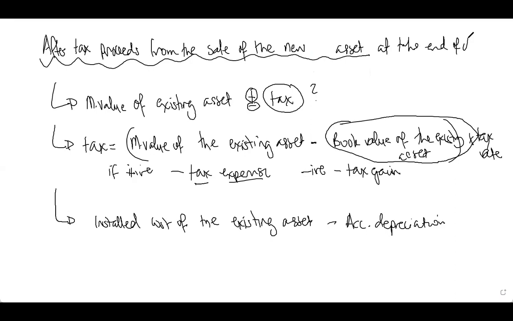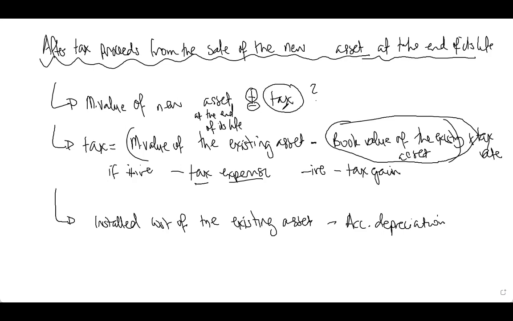At the end of its life. How do we get them? We simply take the market value of the new asset at the end of its life, and we add or subtract tax.